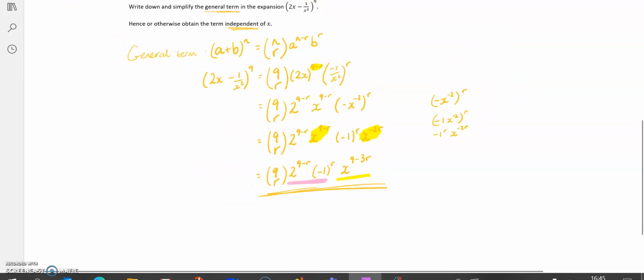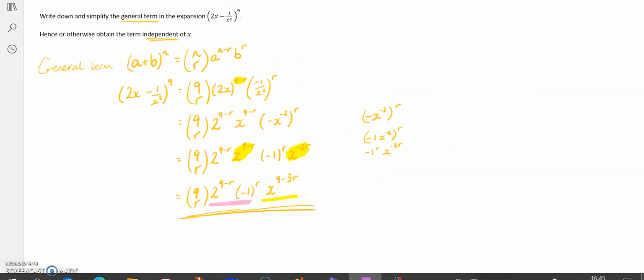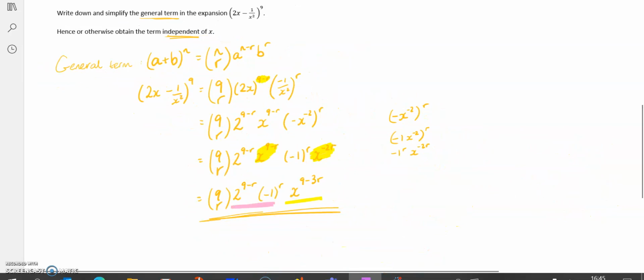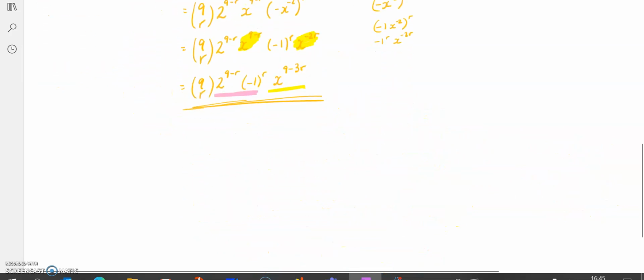Okay? So the question says, hence or otherwise obtain the term independent of x. So independent of x, I'll go a different colour here. Independent of x would imply that the term is a constant, which would imply that we've got an x to the power of 0 involved here.